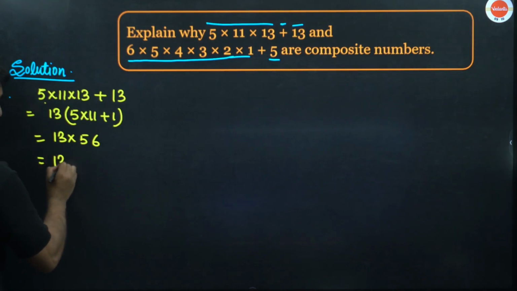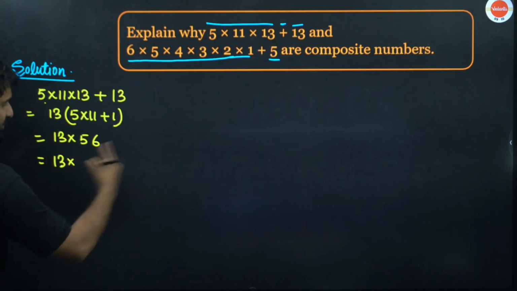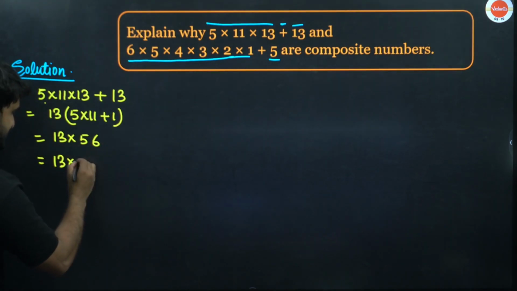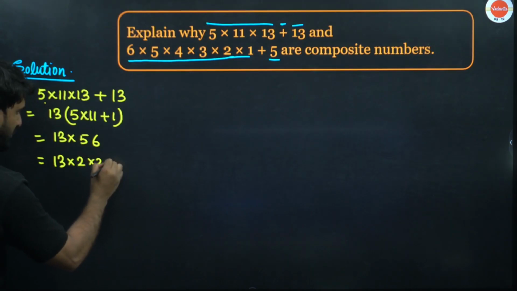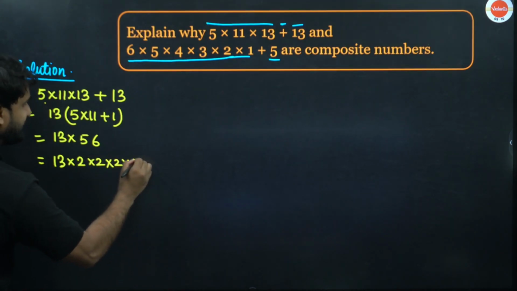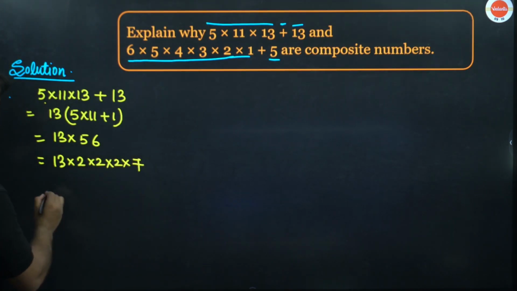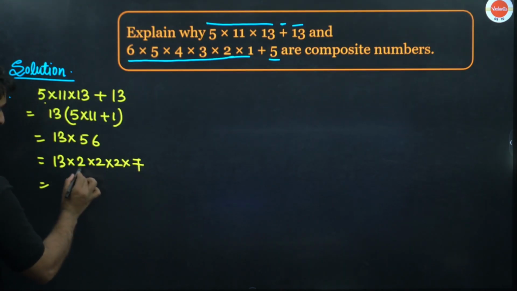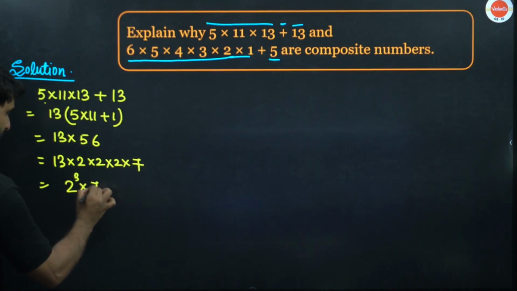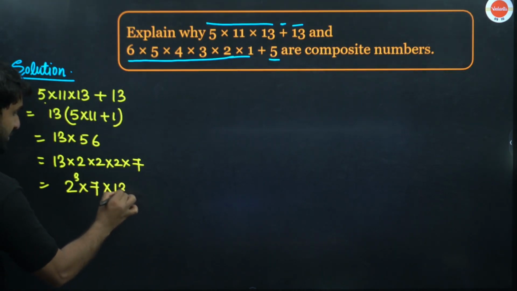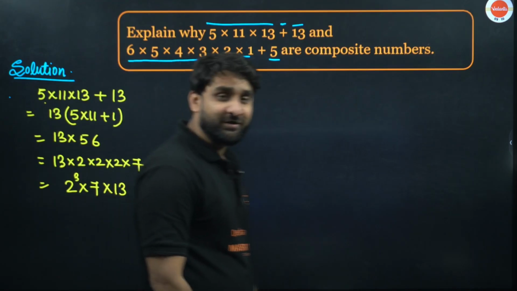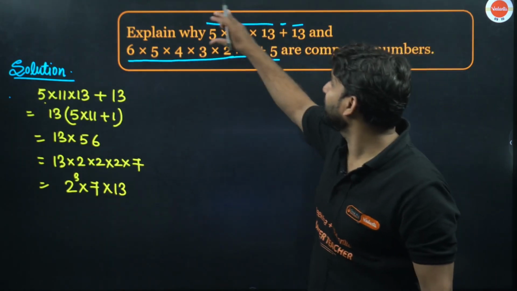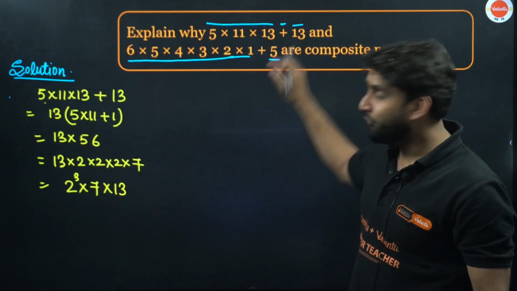Now write 56 in the form of its prime factors. 2 fours are 8, 8 sevens are 56. So this prime factorization can be written as 2 to the power 3 into 7, into 13. How many 2's are there? 3. After solving, we are getting this result.